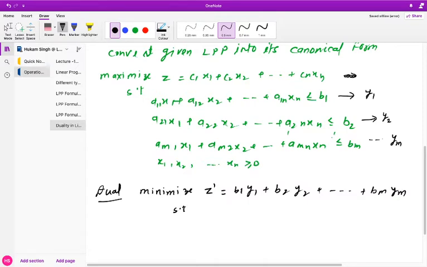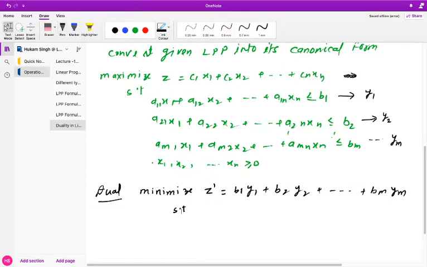subject to the constraints. Corresponding to each column of the coefficient matrix in the primal, we are going to have a constraint in the dual.